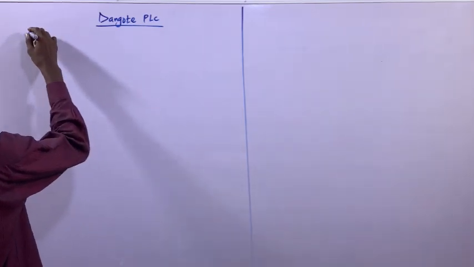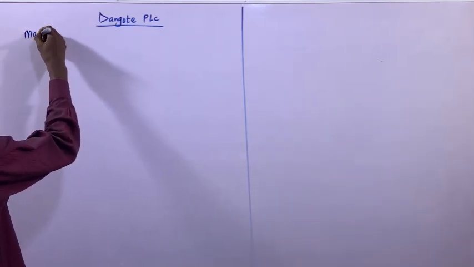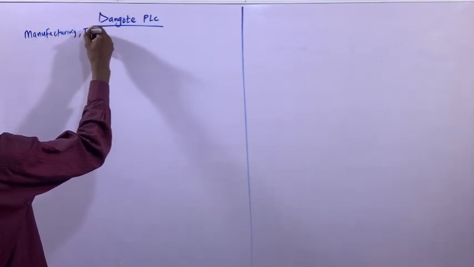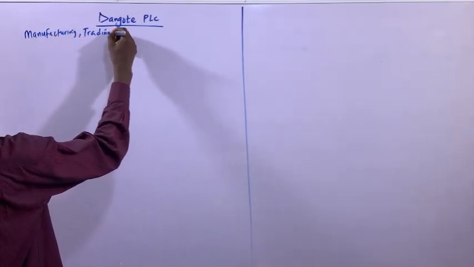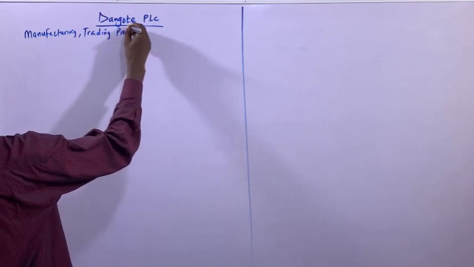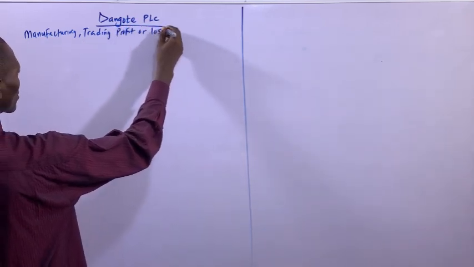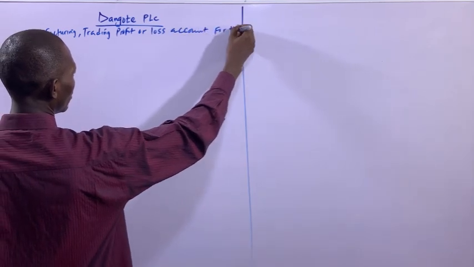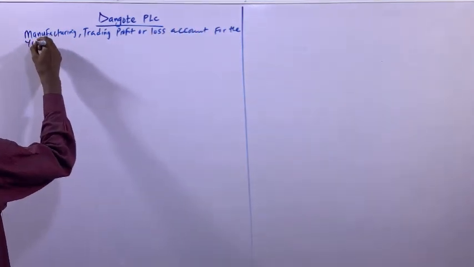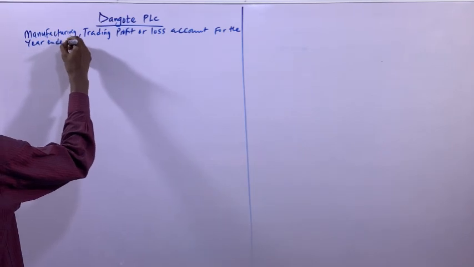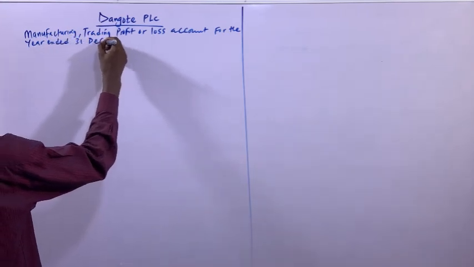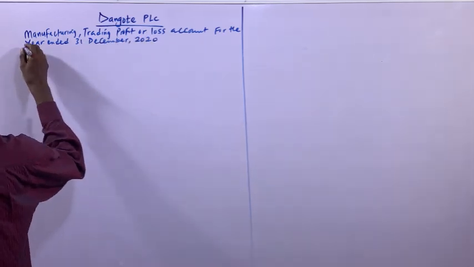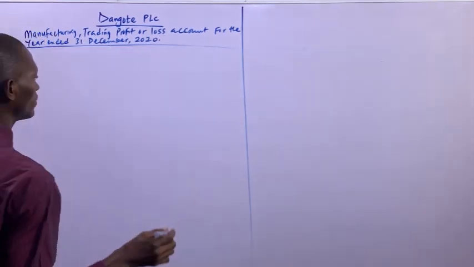So we have Manufacturing, Trading, Profit or Loss Account for the year ended 31st December 2020. So this is what you have.